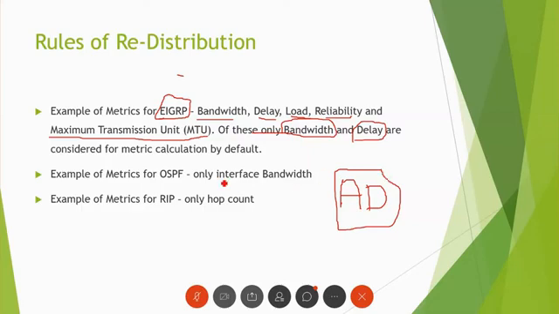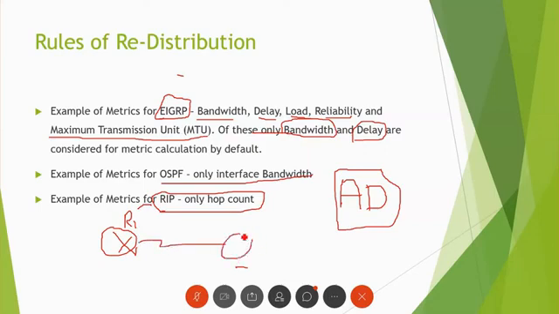So in the case of OSPF, the interface bandwidth plays an important role for metric calculation, and RIP is only a hop count. Hop count represents the routers, suppose if they are connected one to another. So this is called R1, connected to R2, which in turn is connected to, let's say, R3.